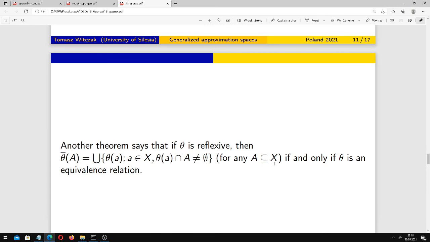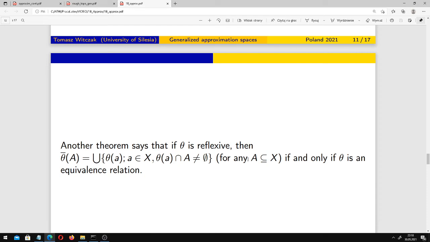Another theorem refers to the notion of upper approximation. And the upper approximation of A is identical with the union of all theta of A such that theta of A and A have a non-empty intersection, but this equality holds if and only if theta is an equivalence relation.